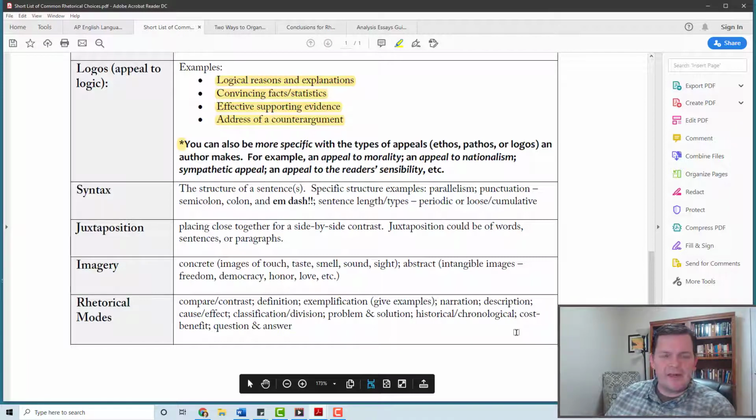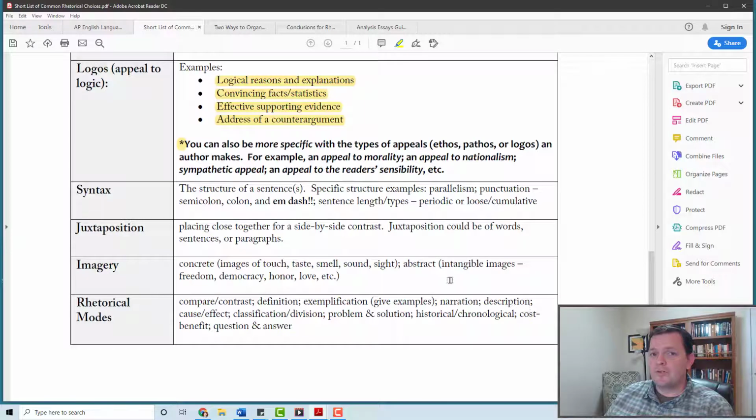I had to shift my camera angle to get to the bottom of the page here so we can look at these more carefully. But syntax. This, of course, is the structure of the sentence or the structure of clauses or phrases. Specific structures, parallelism, punctuation, semicolons, em-dashes, those kinds of things are all important aspects of what you can analyze.